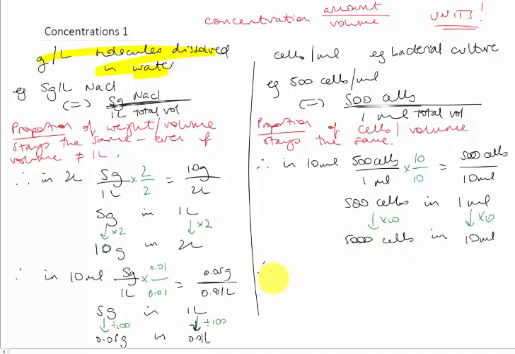And let's just do one final example. Let's say in 0.5 mils, so if we've got 500 cells in 1 mil, we want 0.5 mils. That's the same as saying 0.5 over 0.5. So that gives us 250 cells.